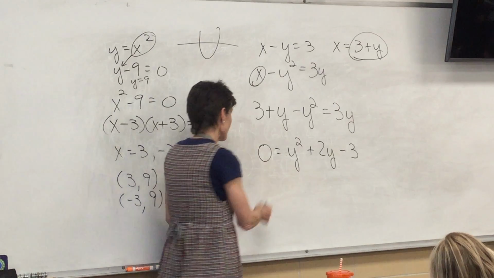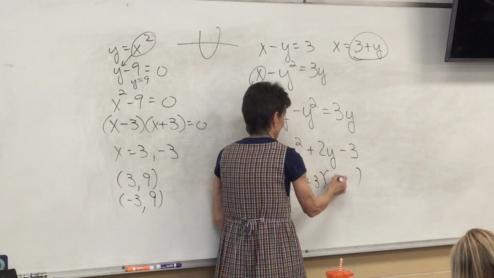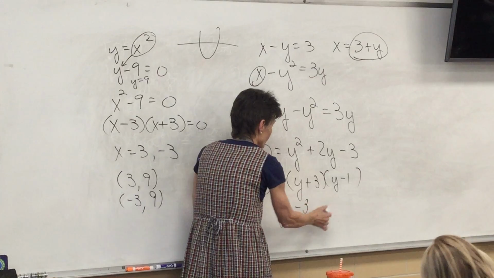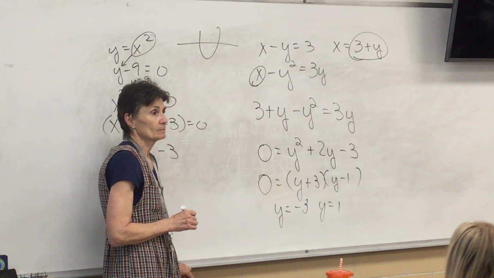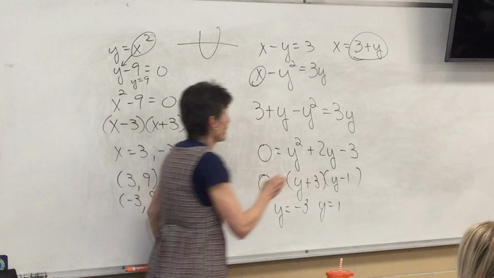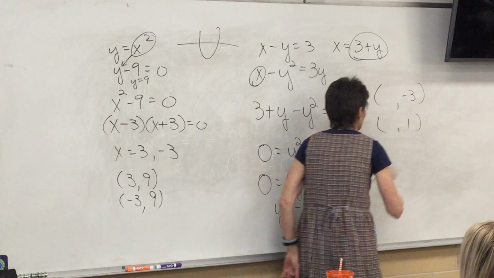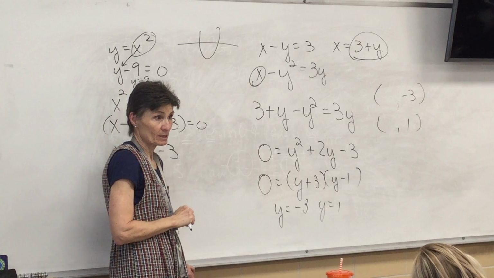All right, does that factor? So y is either negative 3 or y is 1. So I have 2 points again, but I'm not done because I still need to figure out x.